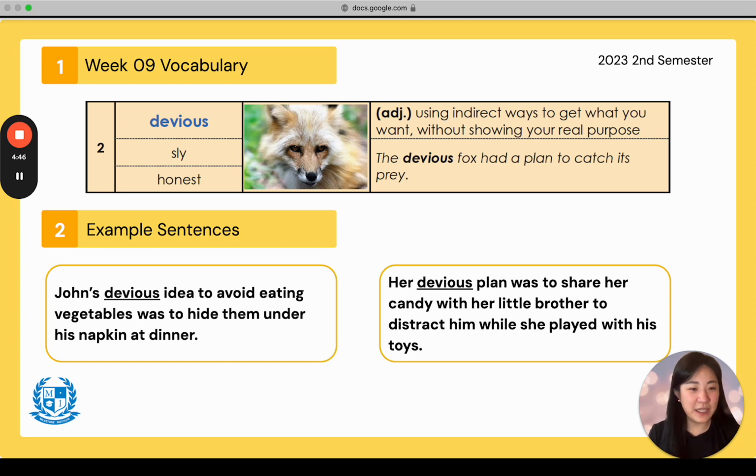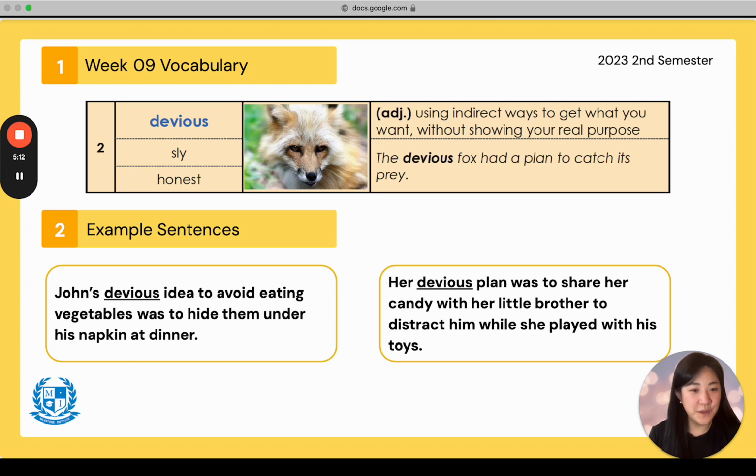Example sentence at the bottom, number 1, it says, John's devious idea to avoid eating vegetables was to hide them under his napkin at dinner. So here John has a devious plan, trying to do what he wants without other people knowing, which was to hide his vegetables because he didn't want to eat them. Devious.